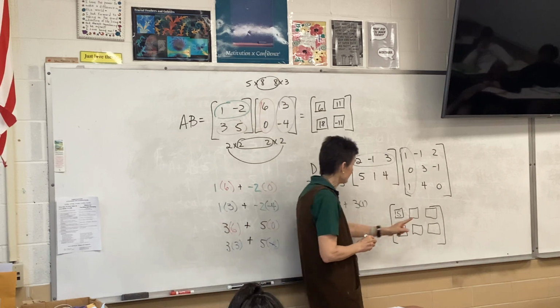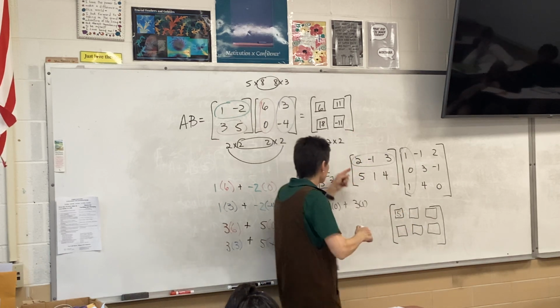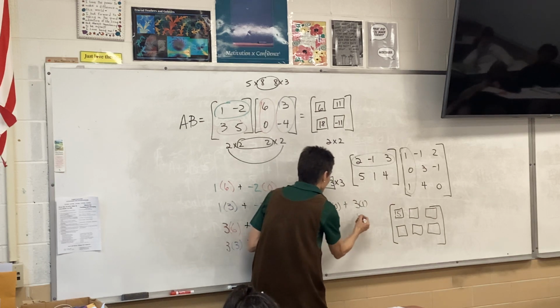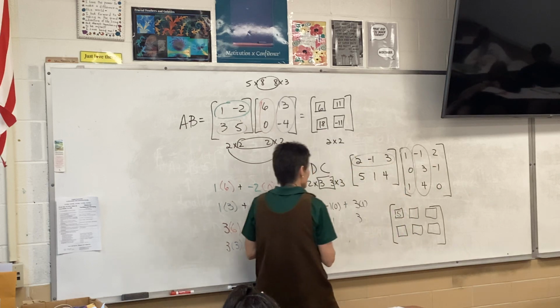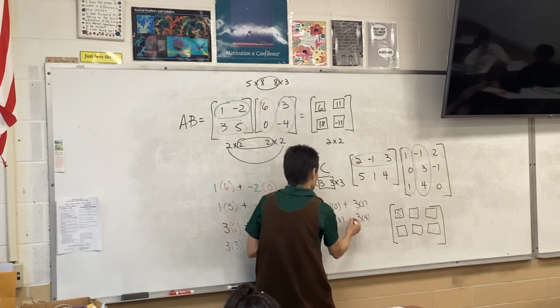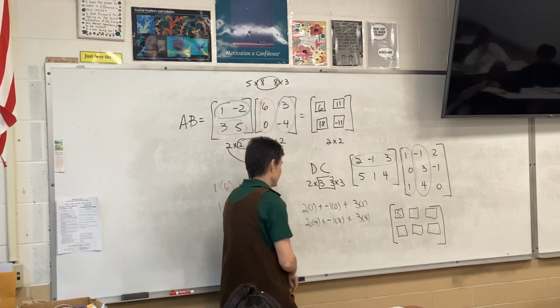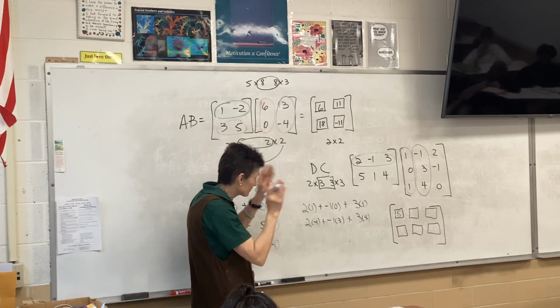Now, what's gonna happen here? Still row 1, so I'm still using 2, -1, 3, but now I'm using column 2. -1, 3, 4. It's a 7.